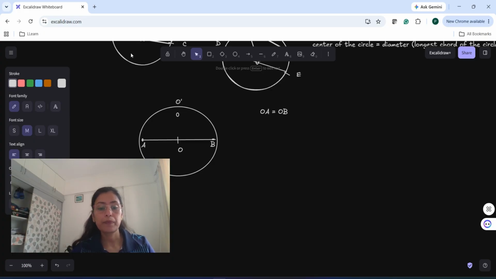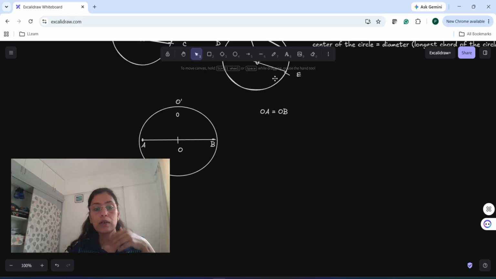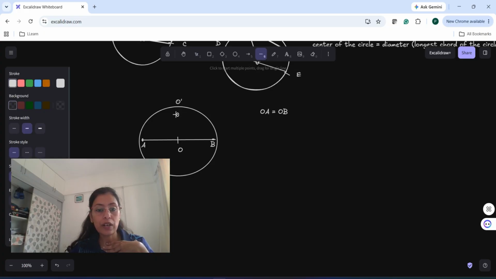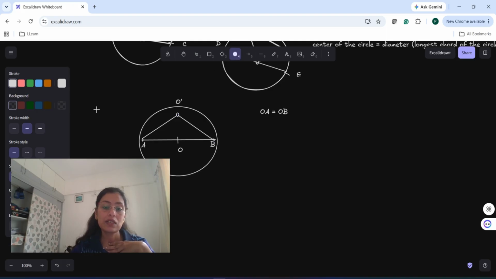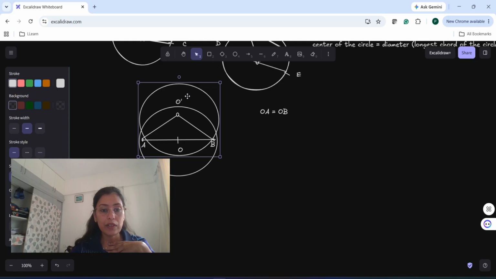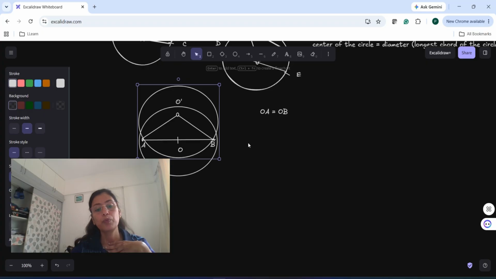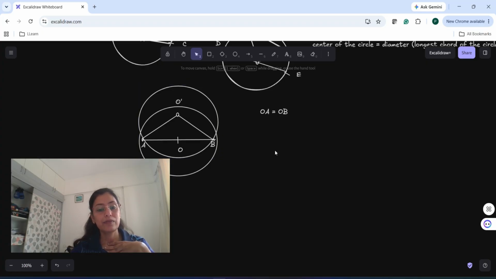I found this point O dash such that O dash A is equal to O dash B. And I can use that as a center and make another circle which is passing through A and B. I can do that, right?